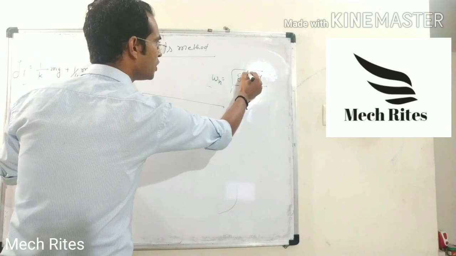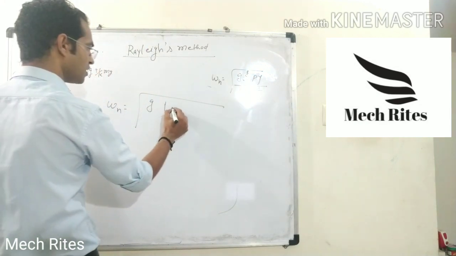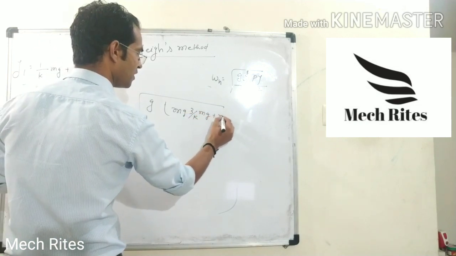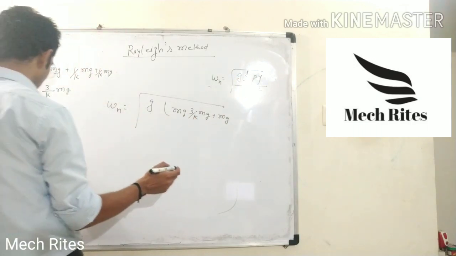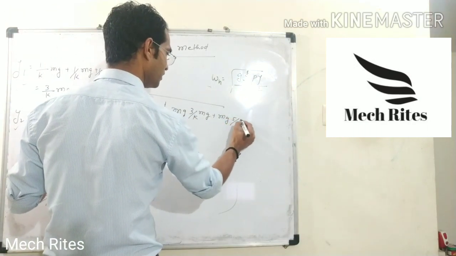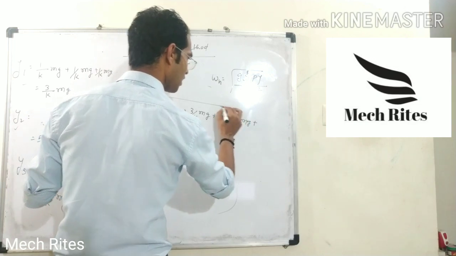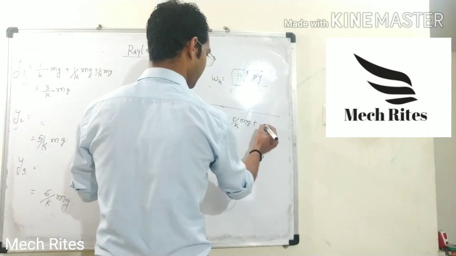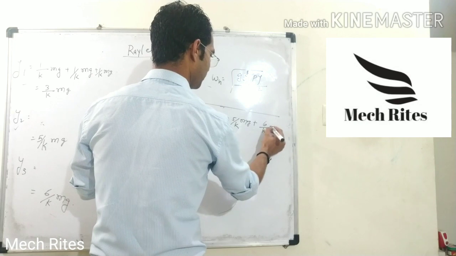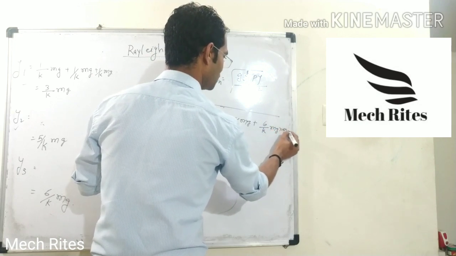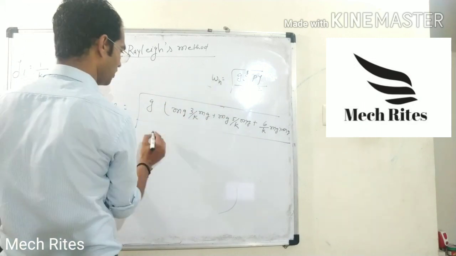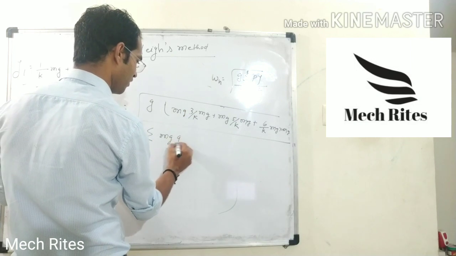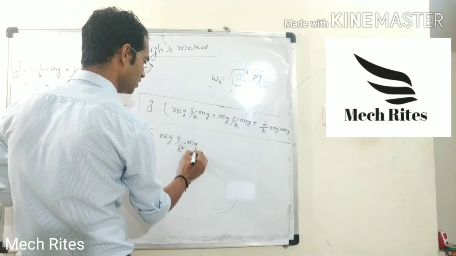So we may take directly, or according to the formula, I will do what? First of all, limit 1, 2, 3, p1 y1. P1 is mg, times 3 by k mg, plus p2 y2, which is mg times 5 by k mg, plus the third one, which is 6 by k mg into mg, divided by the summation of mg y squared: 3 threes are 9 by k square mg.